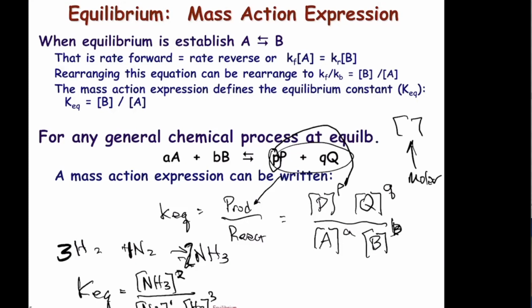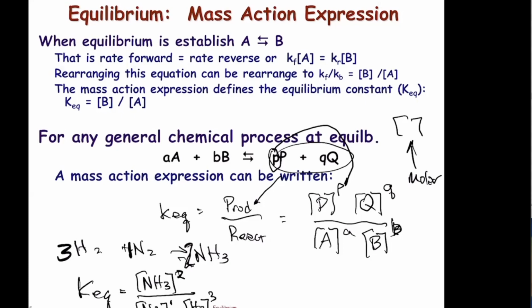That would be the mathematical expression for K equilibrium for that reaction. If you have the concentrations at equilibrium, all you have to do is plug them in, square the ammonia concentration, cube the hydrogen concentration, divide, and you will get K equilibrium for that particular reaction.